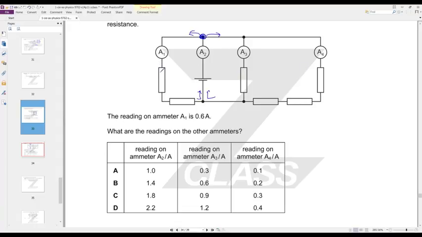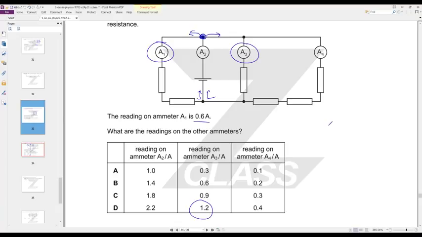And the simplest way to work this through is to say this one needs to be double this one. I already know that, so I know that that needs to be 1.2, and there's only one with 1.2. So that's actually the simplest way.